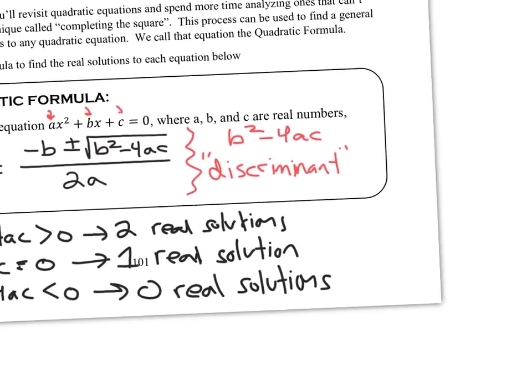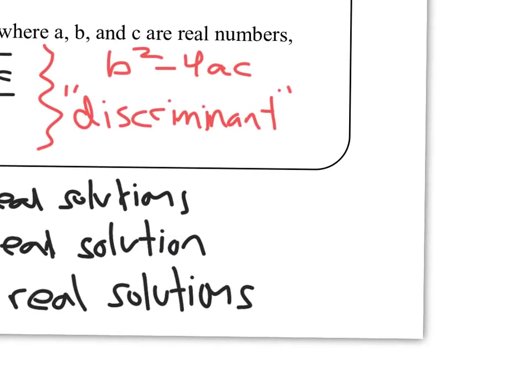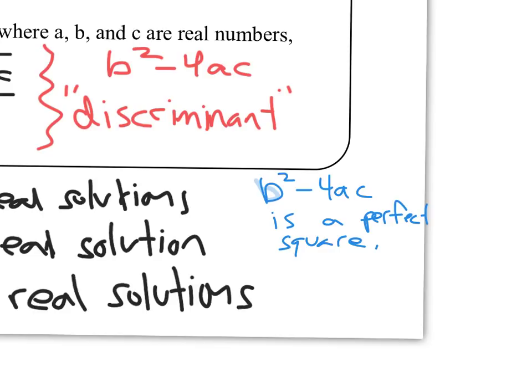Another helpful fact is if you do b squared minus 4ac and you get a perfect square, like 16 or 25 or 1, that means that your quadratic equation would actually factor.